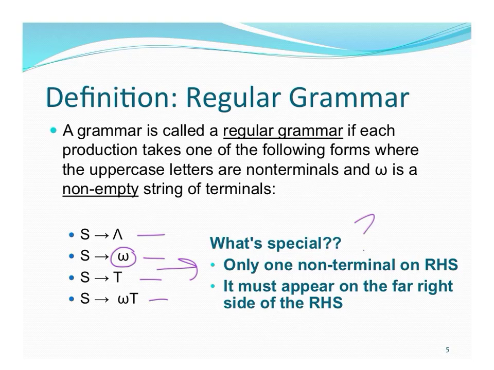And furthermore, there's only ever one non-terminal on the right-hand side when there is one. And in addition, if there is a non-terminal and there are any terminals in there, the non-terminal has to be to the far right. So there's either a non-terminal by itself or a non-terminal at the very end, after the non-empty string of terminals. This means we can't do that bubbling out trick that we've been doing for making those languages that aren't regular.